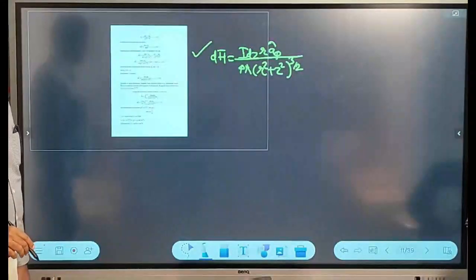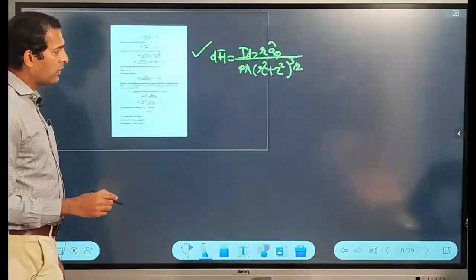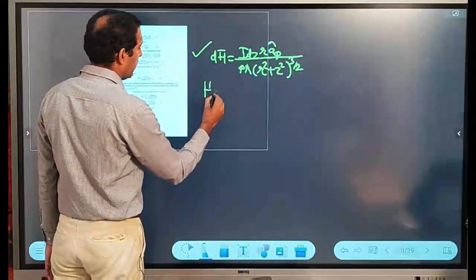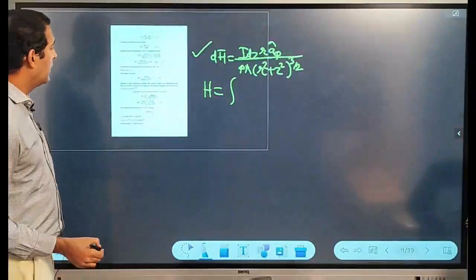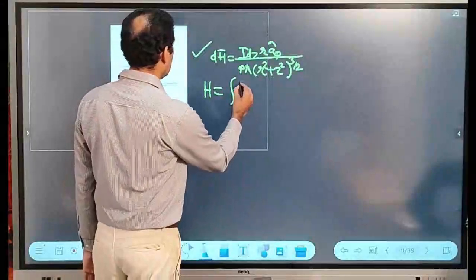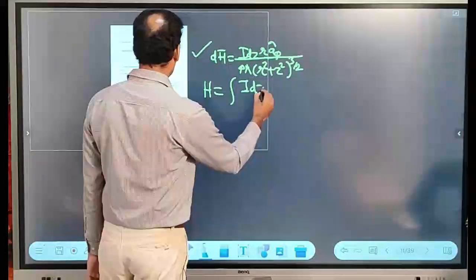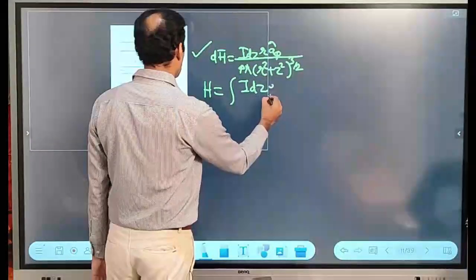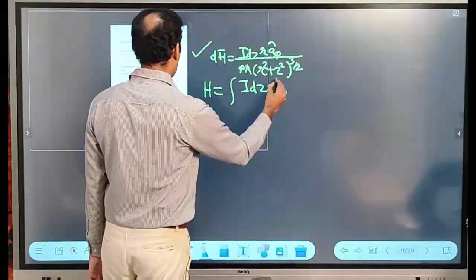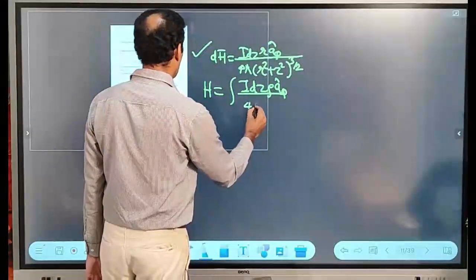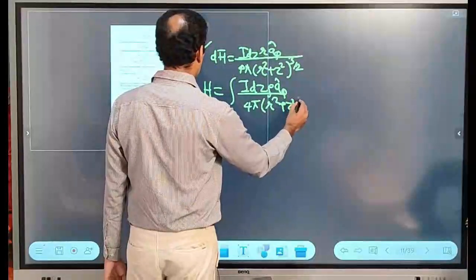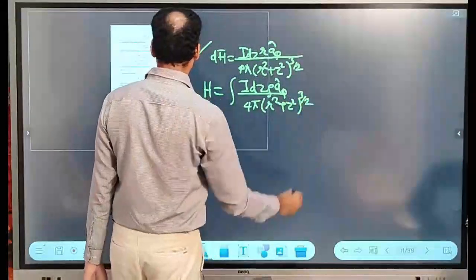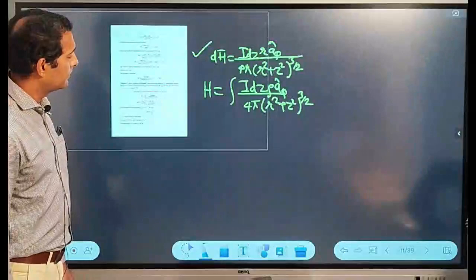Now if we want to find the total H, what do we have to do? We have to take the integration of the right hand side. So we take the integration of I dz rho a phi cap by 4 pi, in brackets r square plus z square to the power 3 by 2.